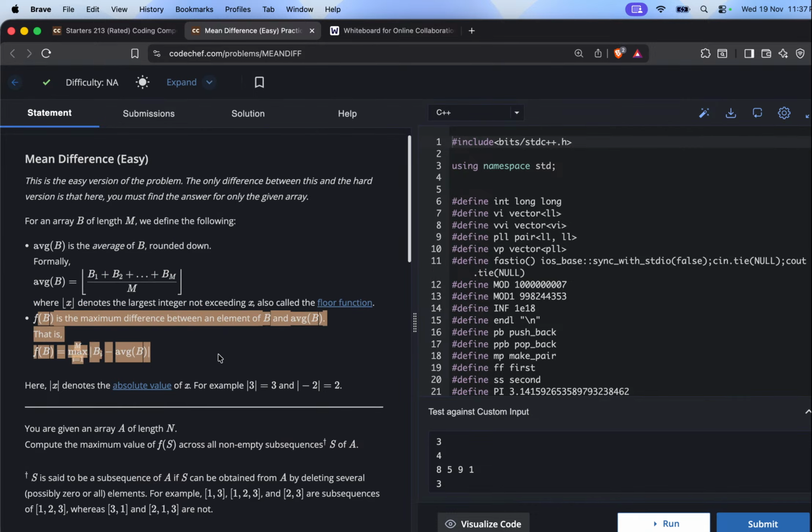Similarly, the maximum difference between an element and the average is defined as the maximum of absolute values of Bi minus average of B. That is, pick up each element, take the difference with the average, take the absolute, and for all such values we have obtained, the maximum value is denoted by FB.